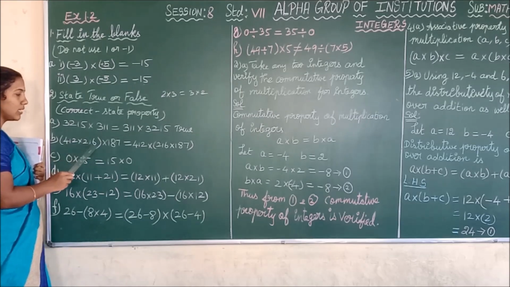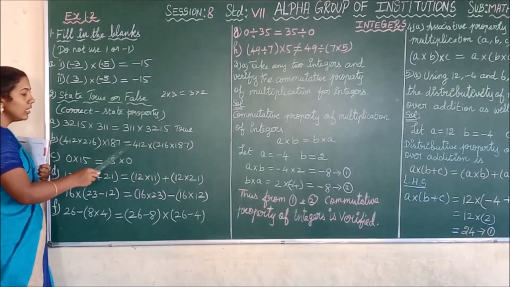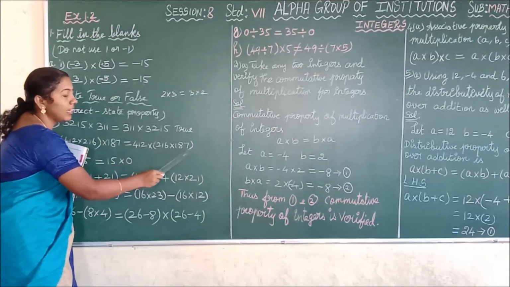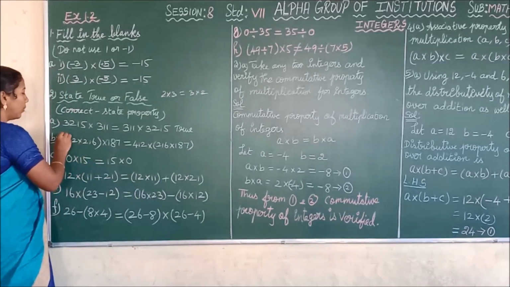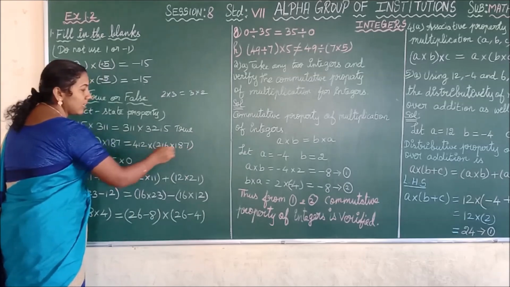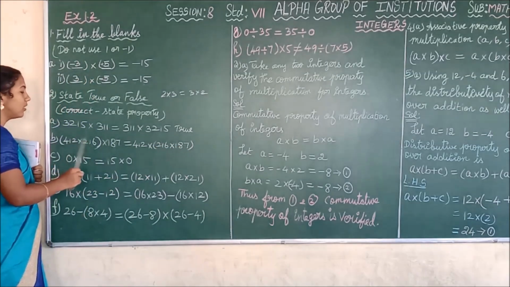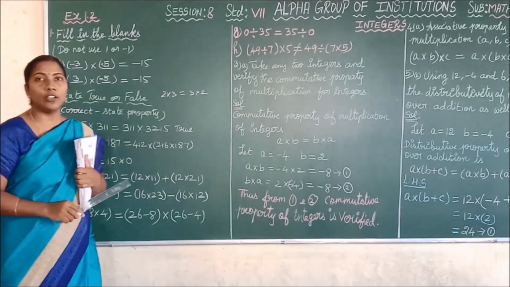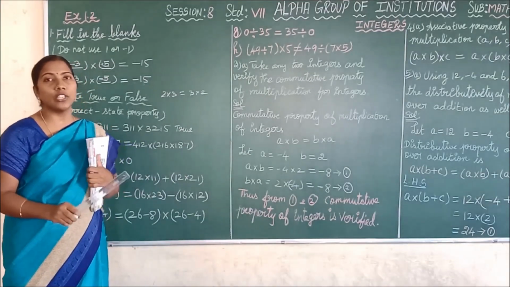See the next one. 412 into 216 into 187 is equal to 412 into 216 into 187, with different grouping. Here they are multiplying the first two integers first. Here they are multiplying the second and the third integers first. Three integers, three values taken means what is the property I have already told? Yes, it is associative property.